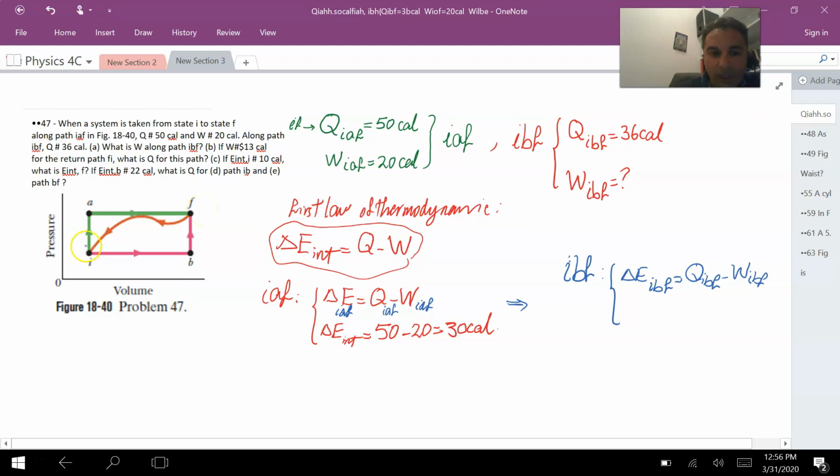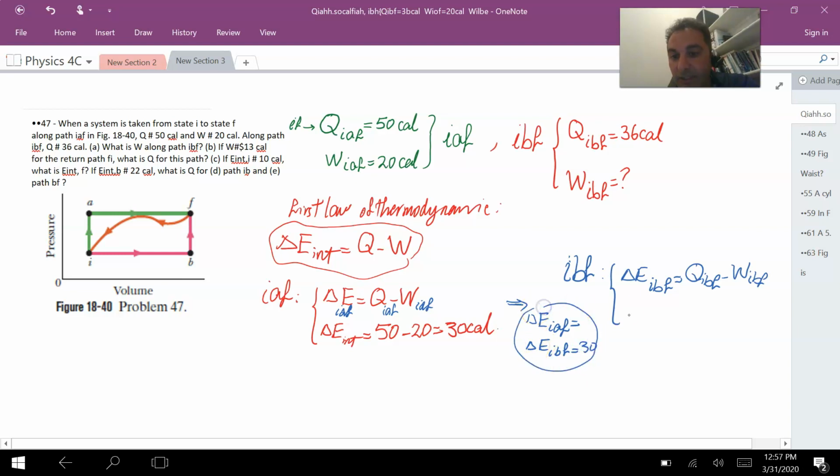You go from I to F by IAF or IBF, delta E is constant. Change in internal energy is constant. So here I can say delta E IAF is the same as delta E IBF, which is 30 calorie.